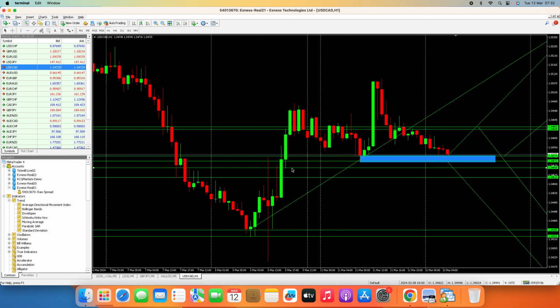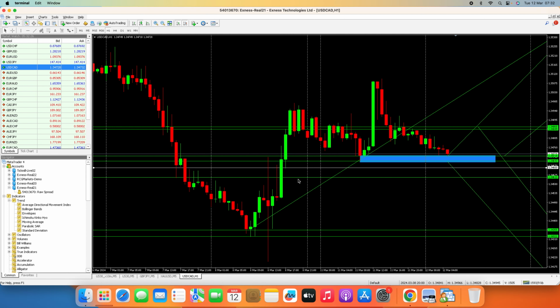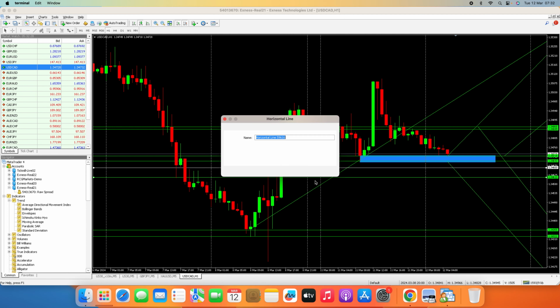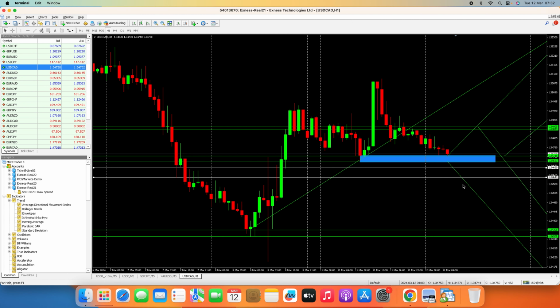Every single time it breaks those levels, you will tend to see the market continuing bearish. But if it finds support and then reverses, it may continue bullish around those price levels. So these are just areas where, if the market keeps on breaking those levels, I continue to add additional sell trades.